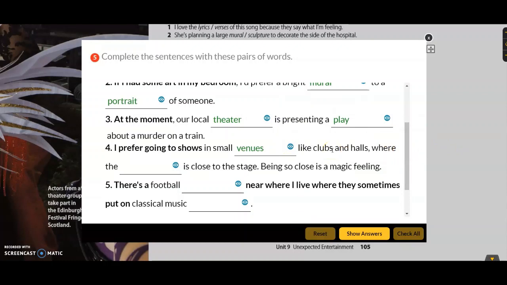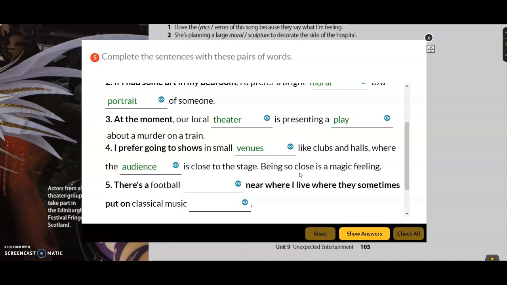Remember, guys, that venues are places where events take place, like clubs and halls, where the audience is close to the stage. Being so close is a magic feeling. I don't know if you have already had this experience where you go to a concert of your favorite group, and you always try to go to the VIP place.